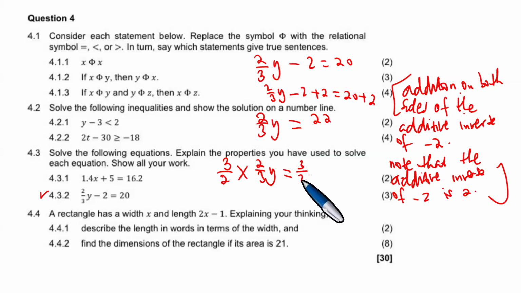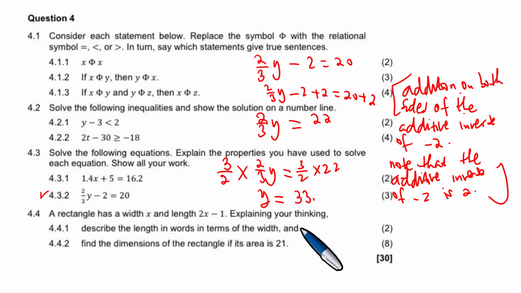The 3 cancels, the 2 cancels, and you have y. 2 goes into 22 eleven times, and 11 times 3 becomes 33.